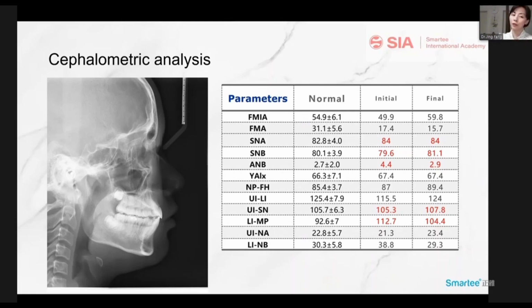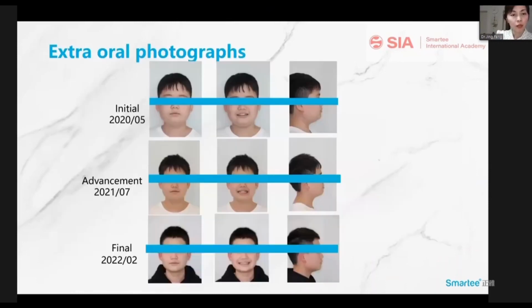And for this low angle case, we do the job to try to rotate the plane of the mandible clockwise. And this case took less than 2 years, right?